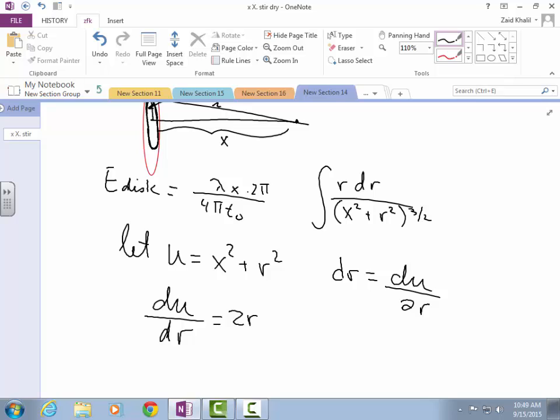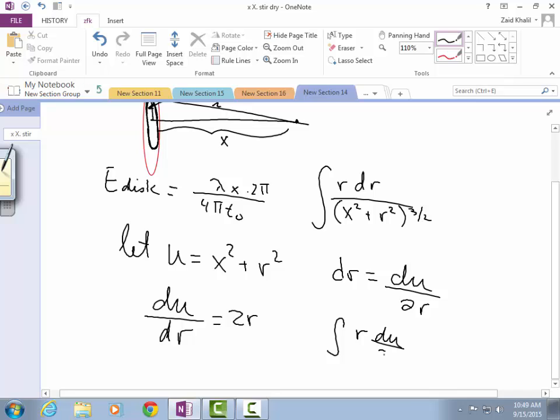And so what do we have here? So we have the integral of r dr. So we have r, and dr is du over 2r times 1 over u to the 3/2.